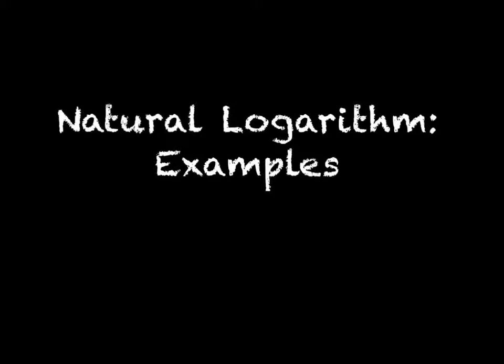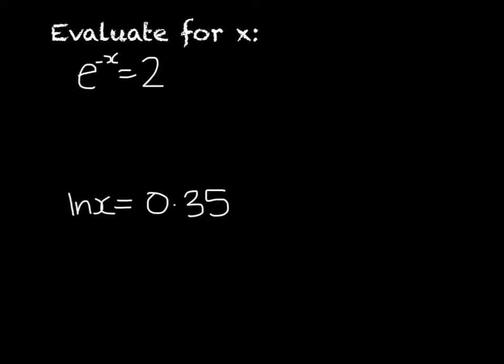This video will give examples with the natural logarithm. Evaluate for x. e to the negative x equals 2. We can take the natural logarithm of both sides, which means we can bring down our power.